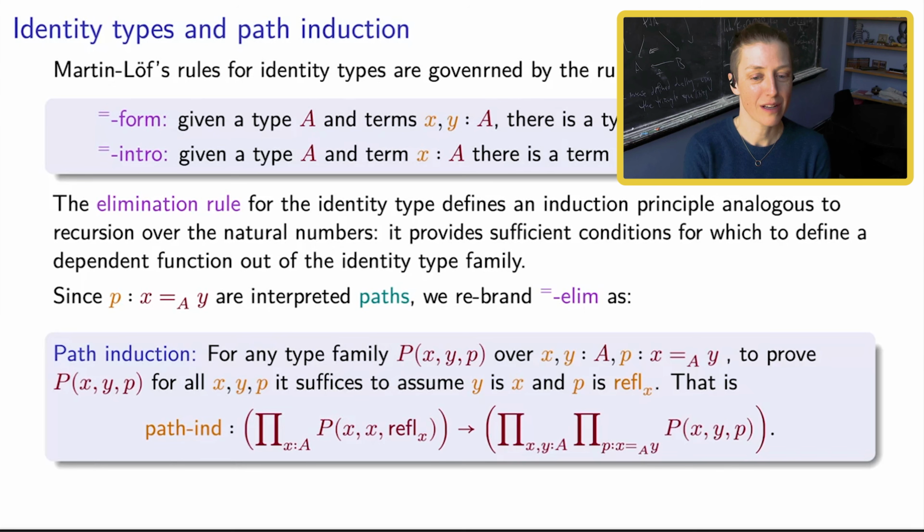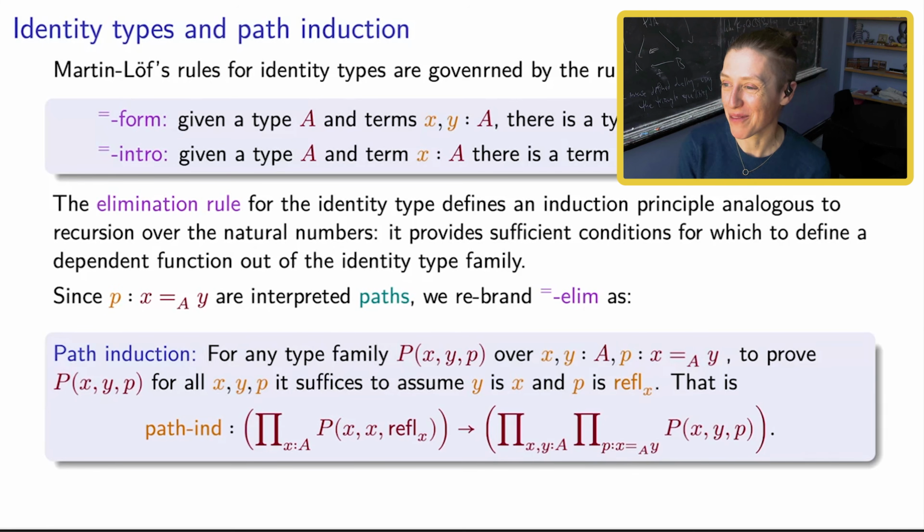So in other words, path induction says that if for all x of type A, P of x, x, refl_x is true, then it is the case that for any x, y of type A and proof p that x equals y, P of x, y, p is true. So that's something called path induction, and it's very, very fun.